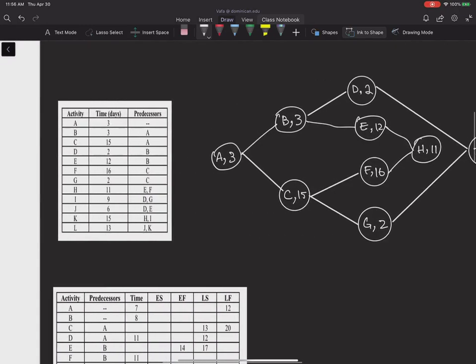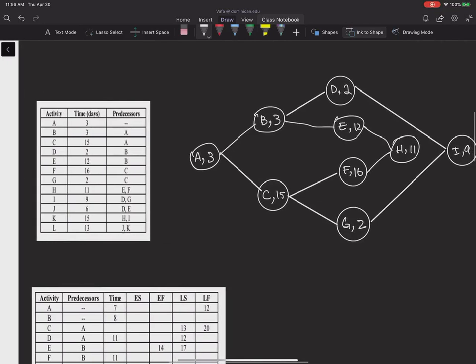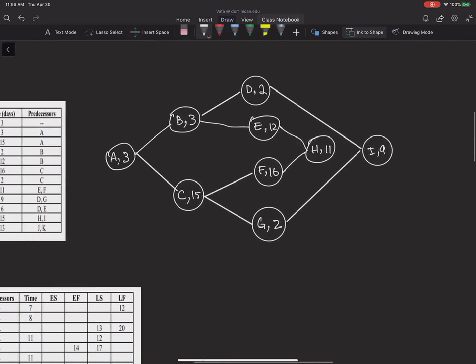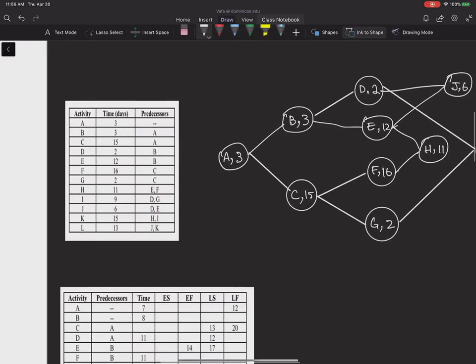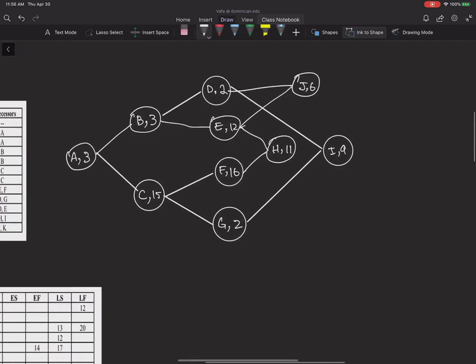And then next activity is activity J that can start after D and E, and it takes 6 weeks. And after that, I have activity K that can start after H and I.